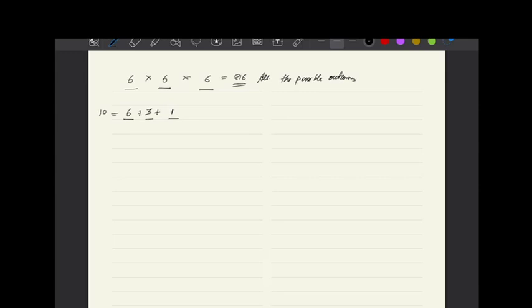But now we will also have to calculate all the possible combinations of these three numbers, because you can get 6, 3 and 1 in more than one way. You could either get 6 3 1, or 6 1 3 and so on.